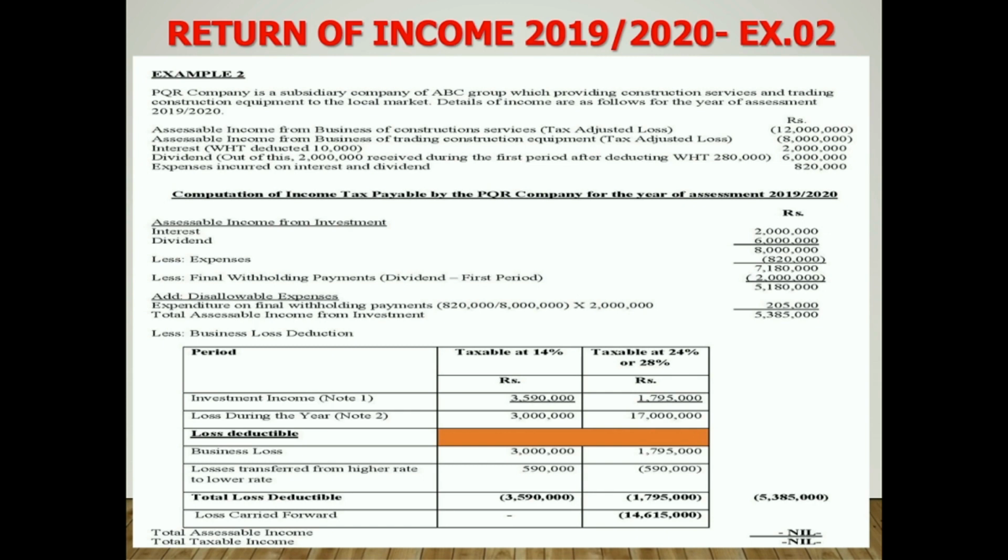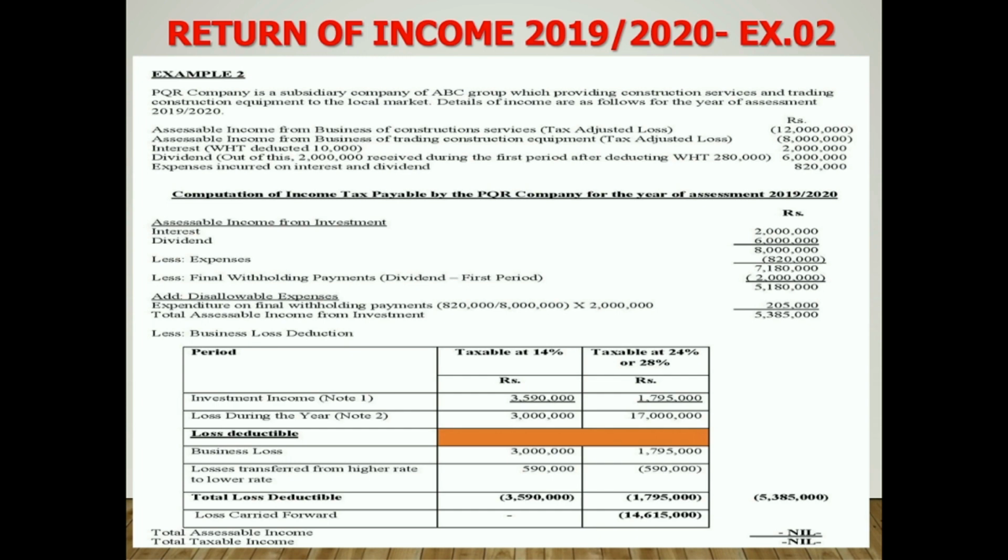In this example, PQRS is a subsidiary company of ABC Group, and PQRS company is providing construction services and trading construction equipments to the local market.